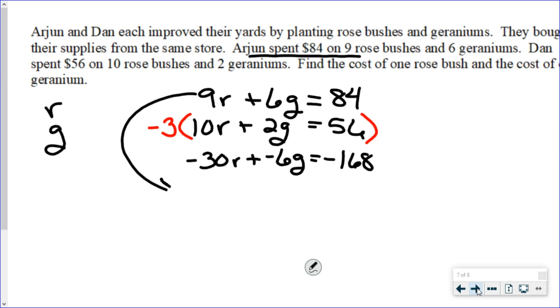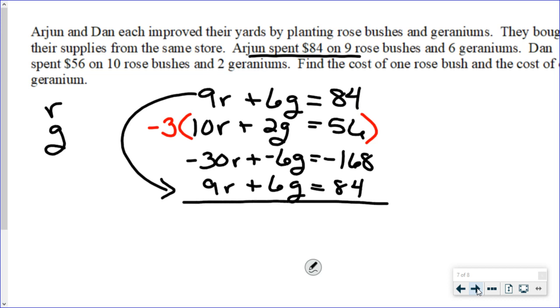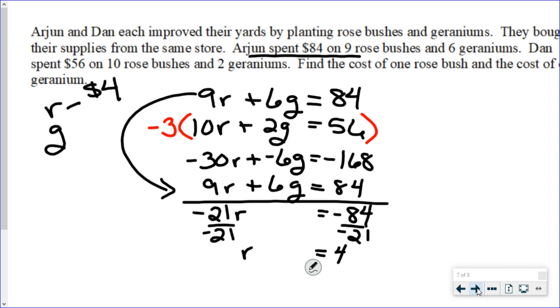And again, you just bring the other one down and add down, and you get -21r. And it's okay if you get this because this is also -84. So dividing by -21 gives me r equals 4. So the cost of a rosebud would be $4, and then you just plug it back in here.